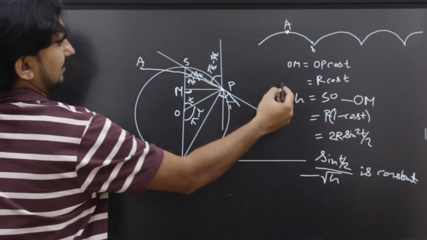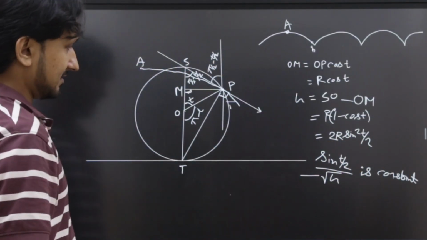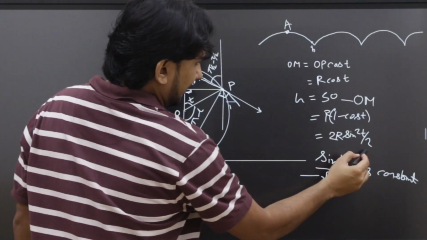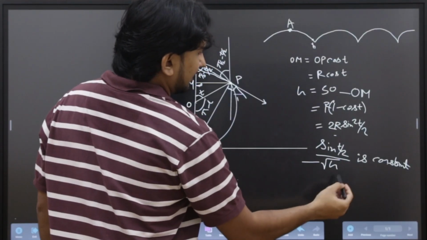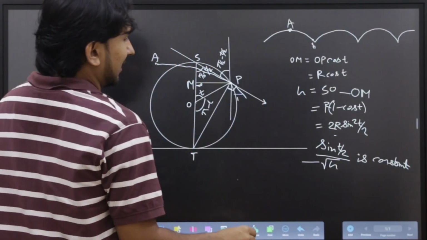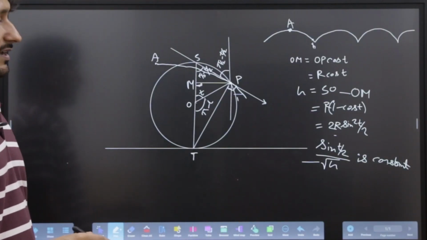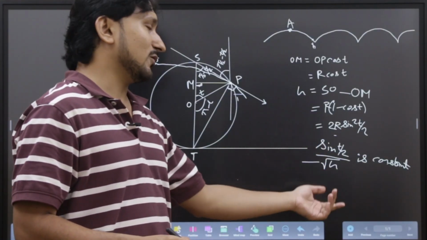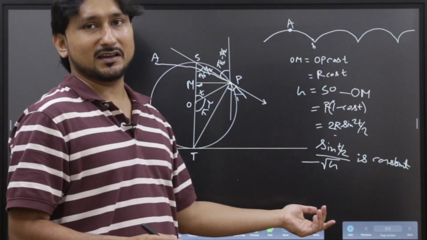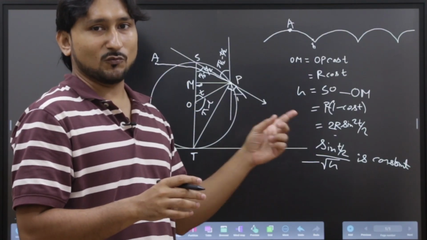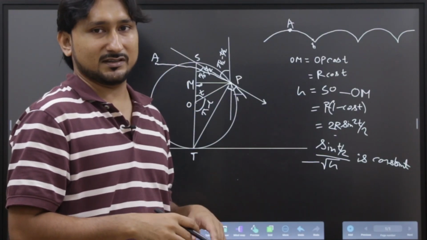You just take the square root and change sides. And this will also mean that cos T by 2 by root h is constant, because sine T by 2 and cos T by 2 are related by a square relation, right? One square plus the other square is a constant.